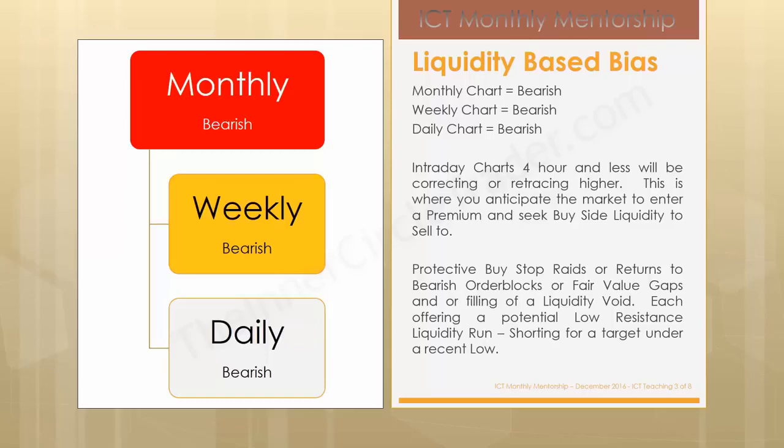So that weekly chart will have a lot longer time period required to change direction versus the daily chart that can go up and down multiple times and still maintain the bearish nature of the weekly and the monthly. And obviously the monthly takes a long time to change directions, and that's where the power of what I'm going to teach you in this module will give you.